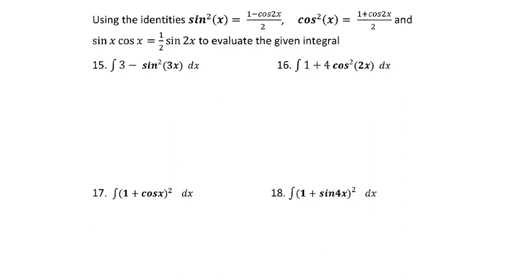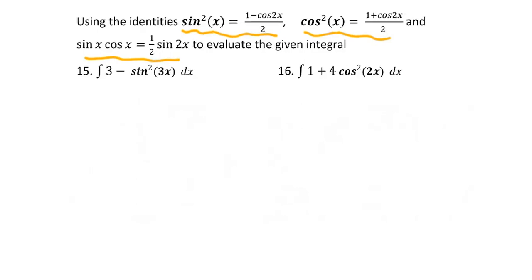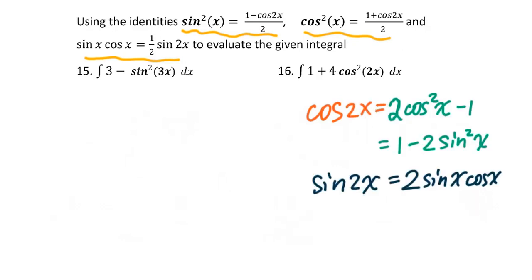Using these identities, this one and this one, and also here, to evaluate the given integral. Where are these three trig identities from? We know the double angle identities: cosine 2x equals these two, and sine 2x equals 2 sine x cosine x.